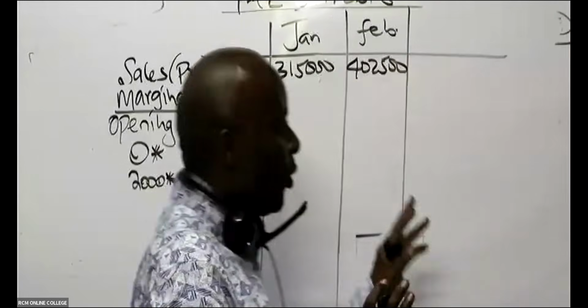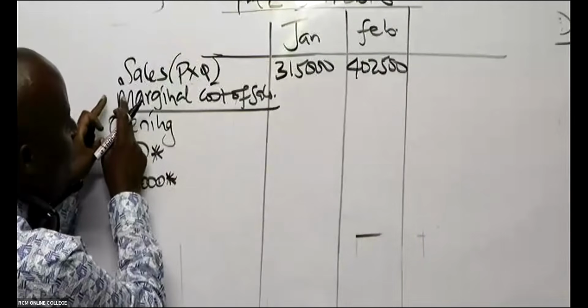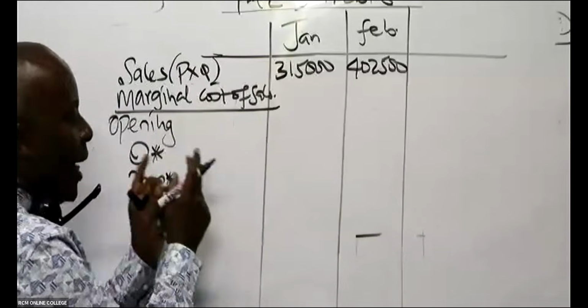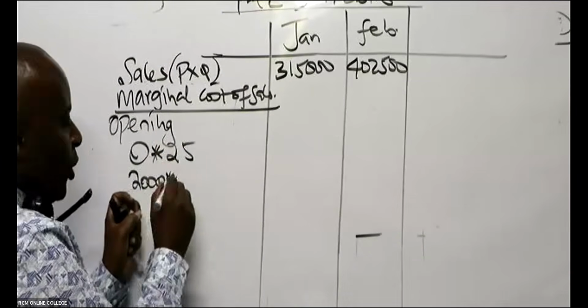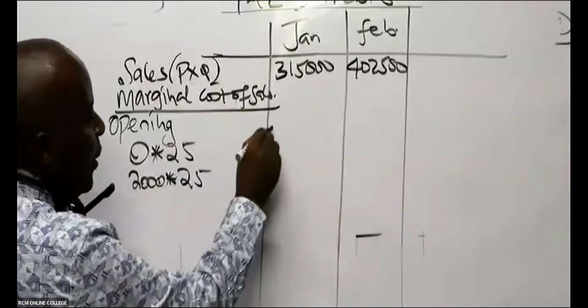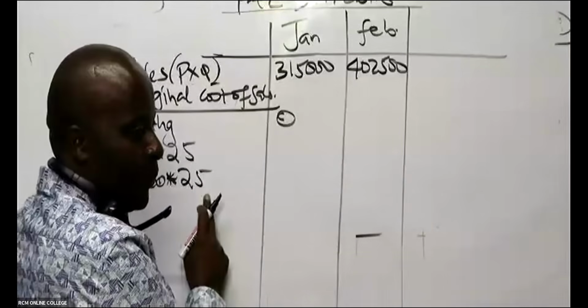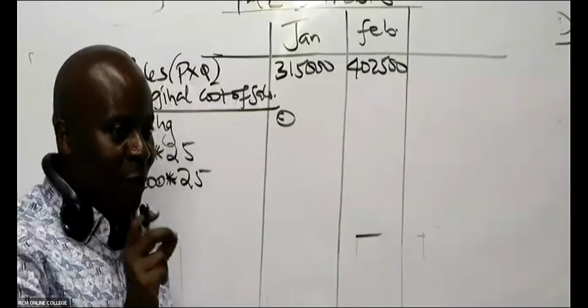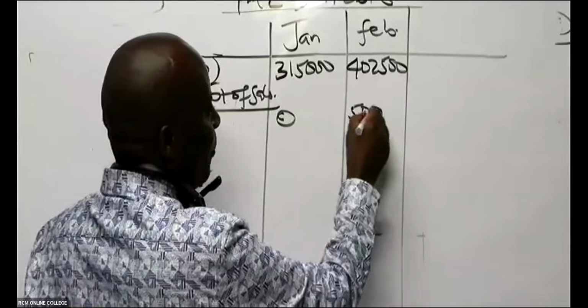But we are using, now we are doing marginal costing. That's why we have said you less marginal cost of sale, and the whole inventory here was going for 25, isn't it? So the first one here will be 0. This will be 2,000 times 25, isn't it? Remember we did our whole inventory valuation. 50,000. Is that okay?